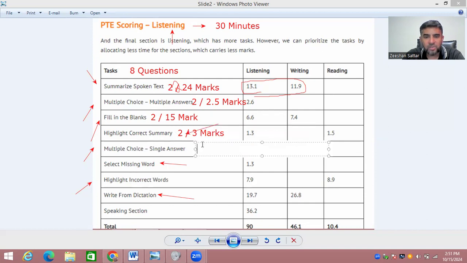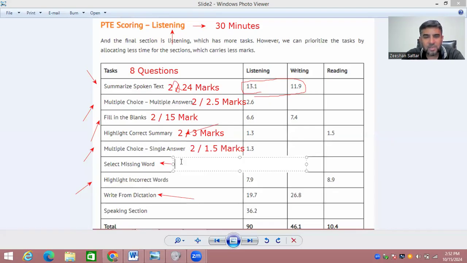Multiple choice question, 2 questions with almost 1.5 marks. Select the missing word, 2 questions with almost 1.5 marks. Highlight the incorrect word.